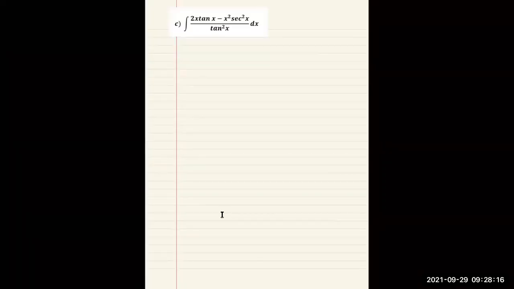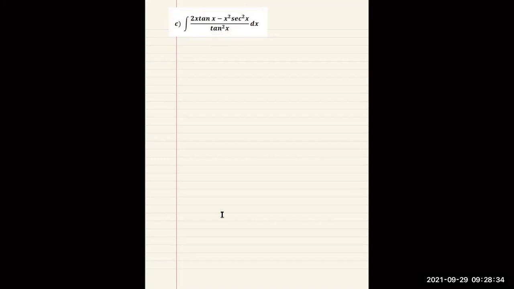In the last part, we are asked to find the indefinite integral of this given function. Even though this function looks very complicated, if you carefully observe, you can see that this is a consequence of the differentiation of a quotient.